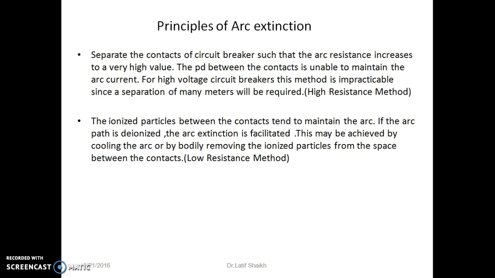Whereas in the case of the low resistance method, we suppress this arc by deionization. That means we create a medium, or we force air or SF6 gas or some other material as the medium. Thereby the arc will be deionized, that is, the ionized particles will get deionized.